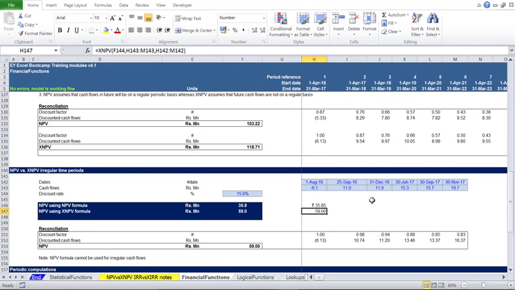As you can see, the results from both the functions are different. This is because the NPV function assumed the cash flows occur at regular time periods and discounted each cash flow by the number of years, whereas XNPV could, based on the dates, convert the cash flows into annual figures and discount them based on the true time period concept.